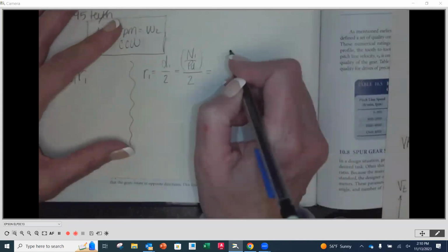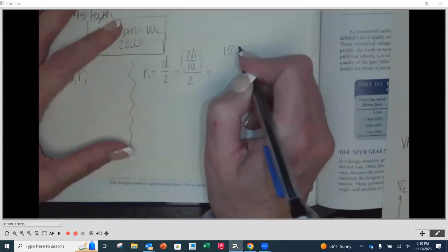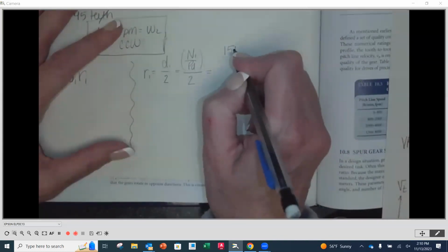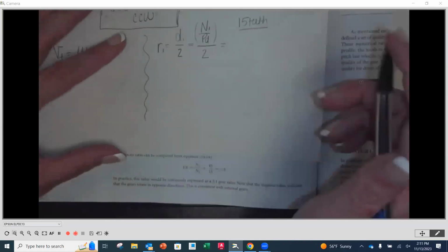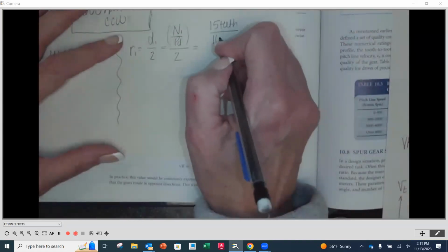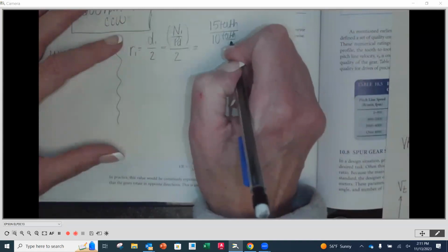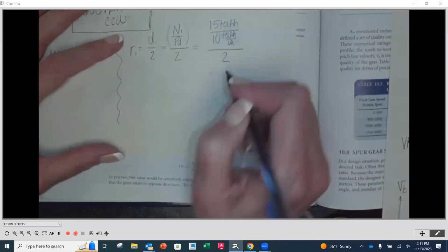Now putting my numbers in, I know there are 15 teeth divided by a diametral pitch of 10 teeth per inch, divided by 2.